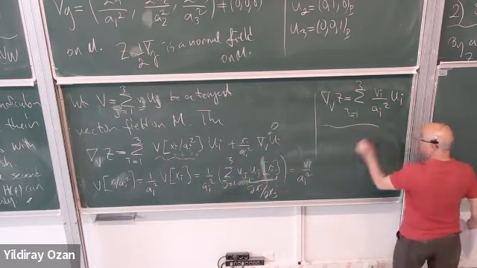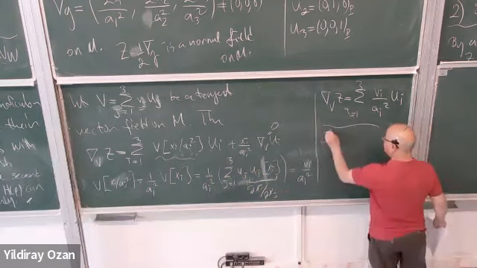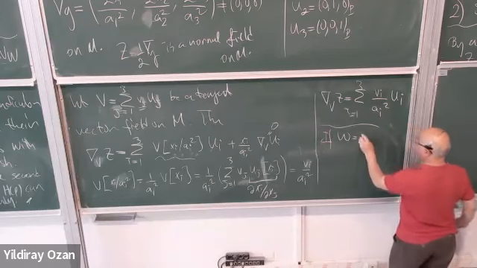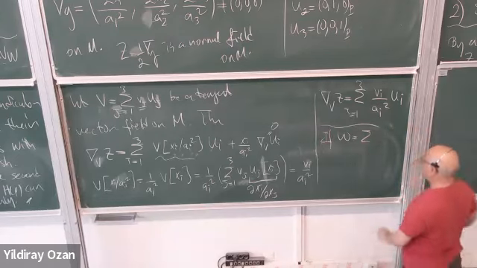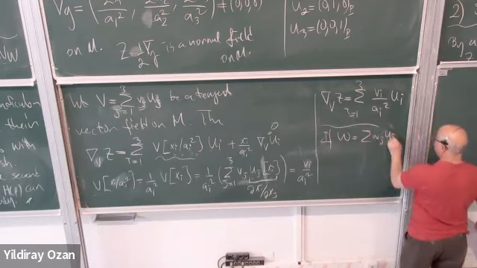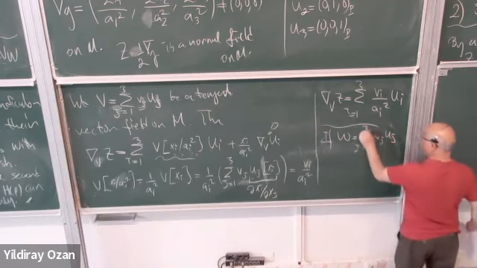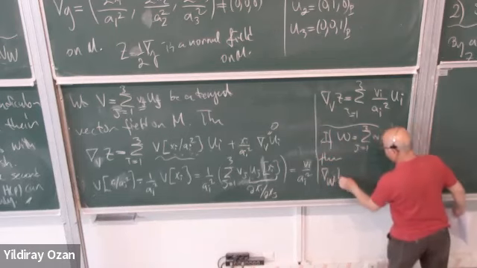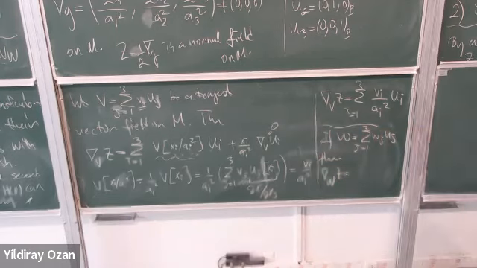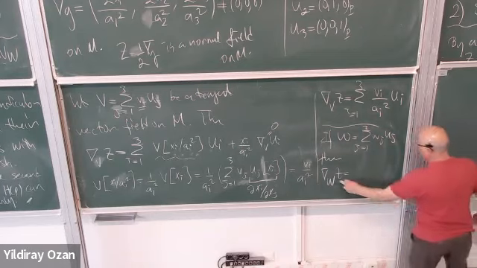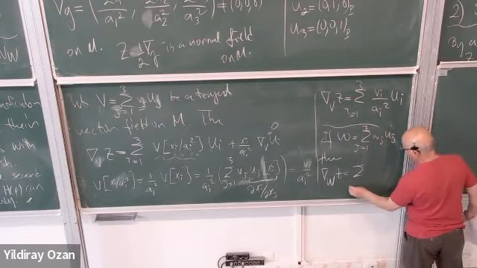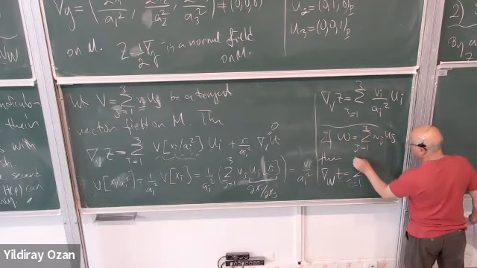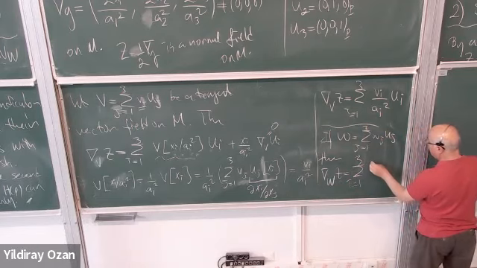Similarly, of course, if W is the sum of W_j U_j, j from 1 to 3, then the covariant derivative of Z with respect to W will be the same expression, right? The sum over i from 1 to 3, but this time I will have W_i divided by a_i squared times U_i.